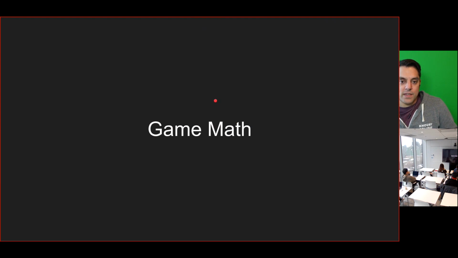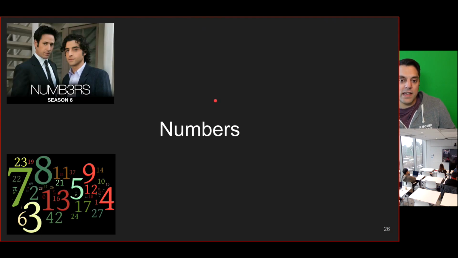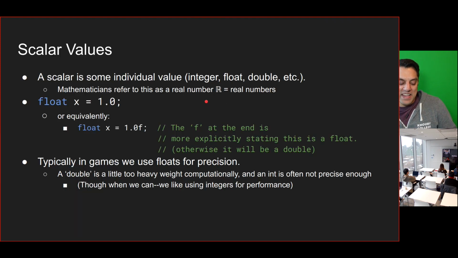All right, so getting on with some game math here, I'll talk about a few topics. So starting with numbers. The very first thing that we want to know about is these terms you'll hear, like a scalar, which is just a way to say a singular value: integer, float, double, etc. So here's an example creating a float.